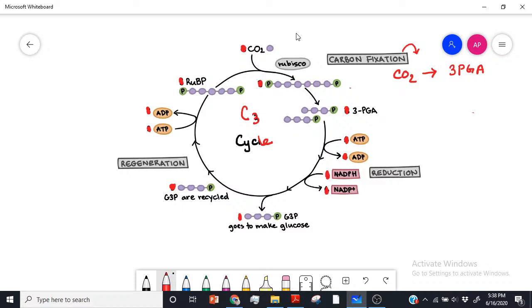If carbon fixation is not present, then CO2 will not be utilized in formation of sugar, right? So should we proceed further? Okay, now what happens?